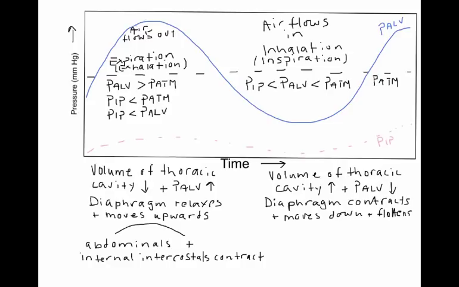Here is a contracted diaphragm. Again, the intercostal muscles can also be involved. The external intercostals pull the rib cage outwards and upwards.